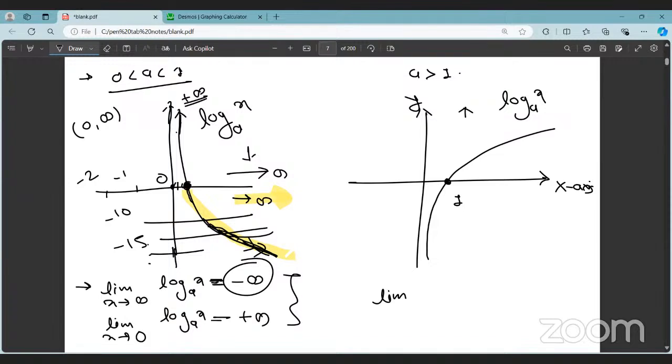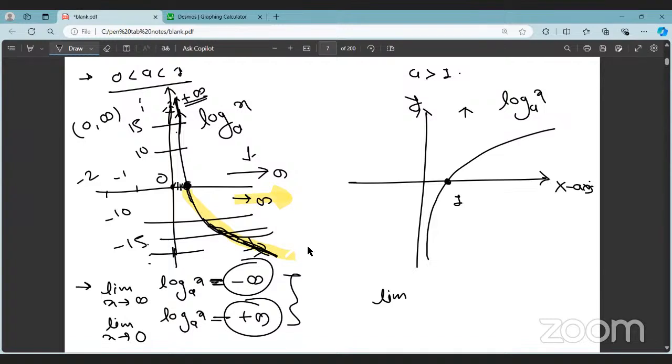As we go near 0, we observe that our graph behaves asymptotically toward the positive y-axis. So if I take x closer to 0, I'll get, let's say, 10, then 15 and so on. It's an increasing behavior. That's why this limit will be plus infinity.